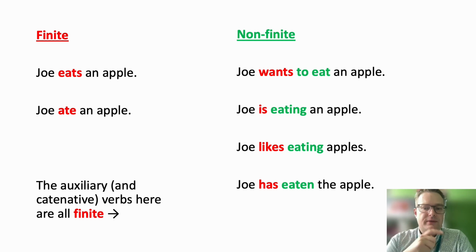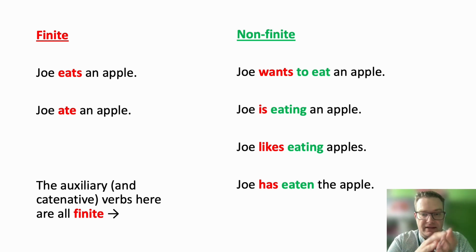The thing you'll notice with the non-finite verb forms is that you've still got some other verb there helping them complete the sentence. The other verb is usually an auxiliary verb helping you make a full tense form, or maybe a catenative verb like wants or likes that you can put in front of it. It will need some other verb there that is a finite one to complete the sentence. Like Joe wants to eat an apple.